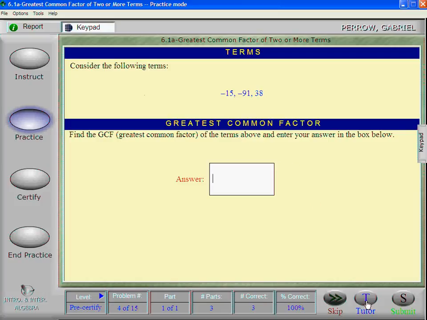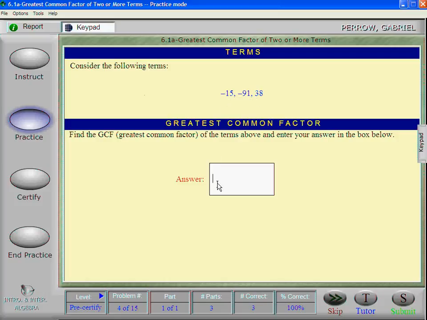But, you know, we can do the same process I talked about where you could look at the numbers and say 15, 91, 38. I don't think 15 divides into these guys, so I would think of other factors of 15, 5, 3, and then 1 lastly. 5 wouldn't divide into 91 or 38. 3 wouldn't divide into 91 or 38.